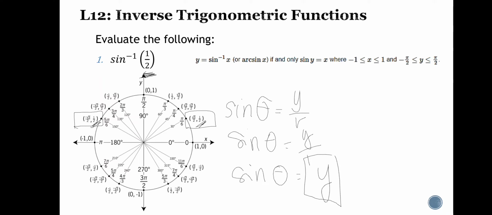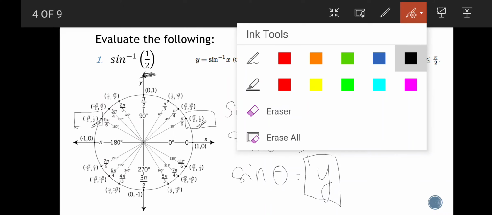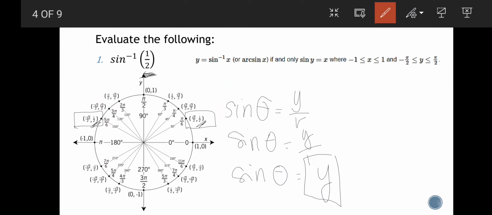The range of our arcsine function is only from negative 90 to positive 90 degrees. So where is negative 90 and positive 90? This one here is positive 90, and take note, 3 pi over 2 is coterminal with negative 90 degrees.